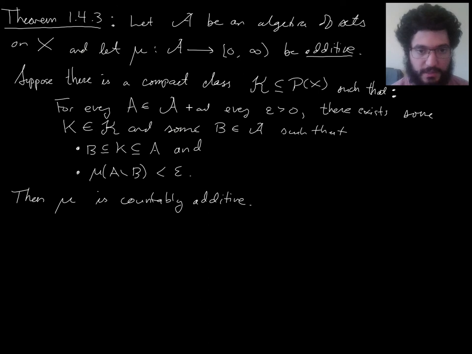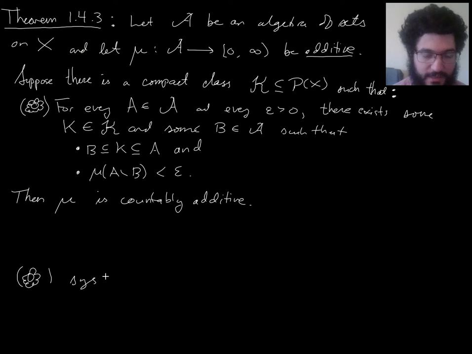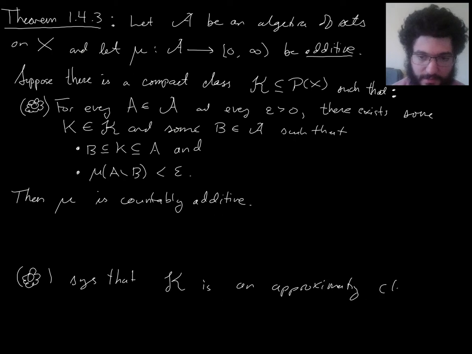So what is this condition saying? I'm going to refer to this a lot, so let's call it flower. So what is this condition flower saying? Well, here's some terminology. Flower says that K is an approximating class for mu.